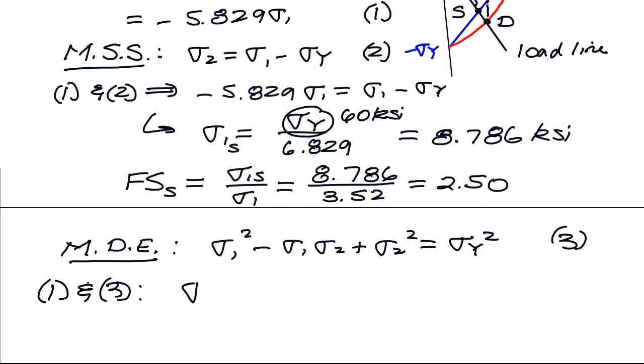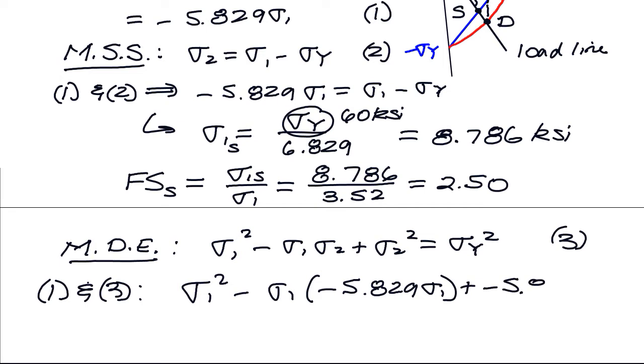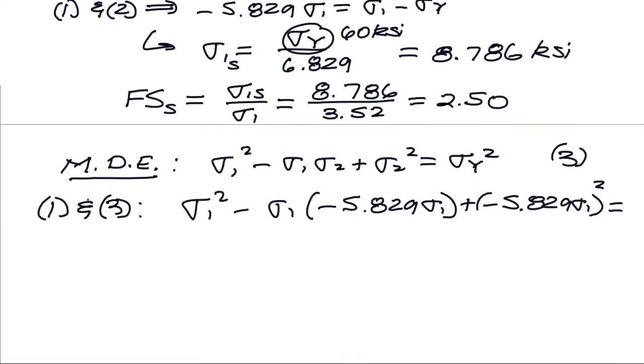So that gives me sigma 1 squared minus sigma 1 times sigma 2, where sigma 2 was minus 5.829 sigma 1, and then plus 5.829 sigma 1 squared is equal to sigma y squared.